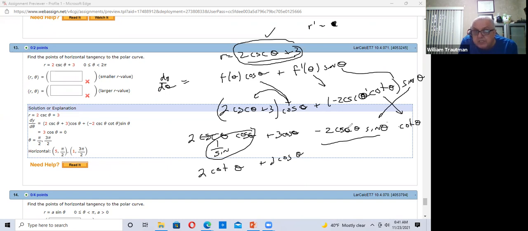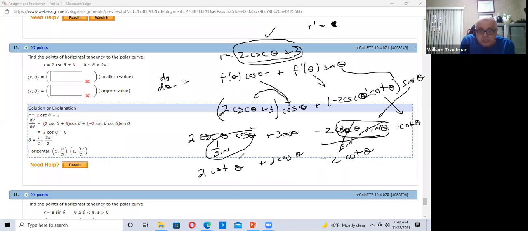Now, cosecant theta and sine theta, cosecant is 1 over sine. So these two end up canceling out and we're just left with the negative 2 cotangent theta.